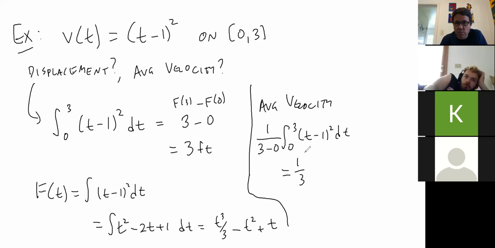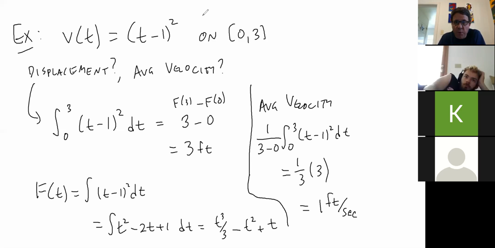This definite integral I just did, so that's 3, and I'll get 1. Now, if you wanted to be careful on the units, this is 3 feet. These are measured in seconds, 0 to 3, so that would be 1 foot per second. So you can get the units out of it.